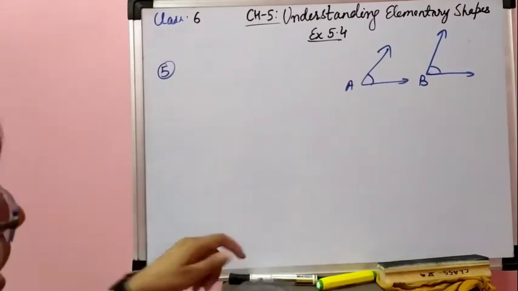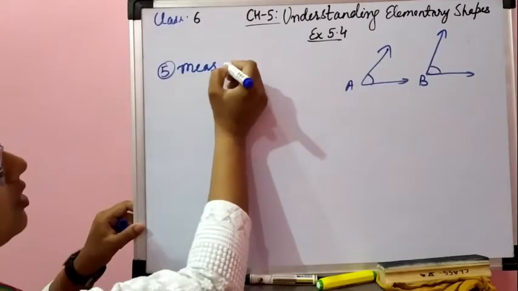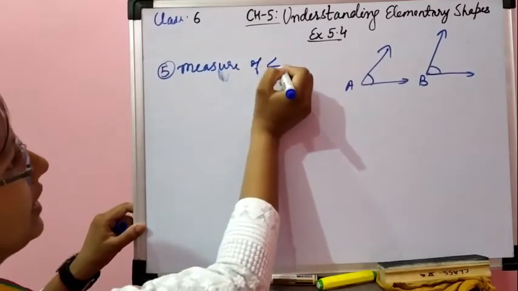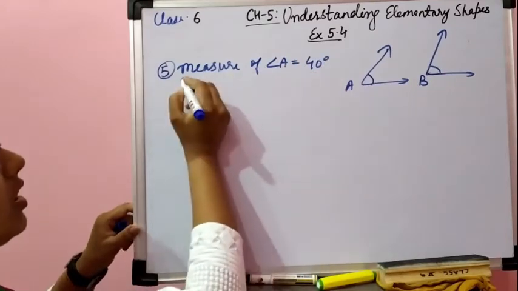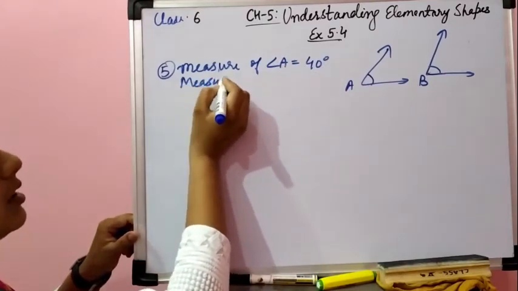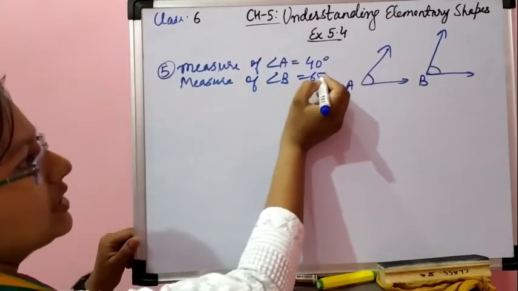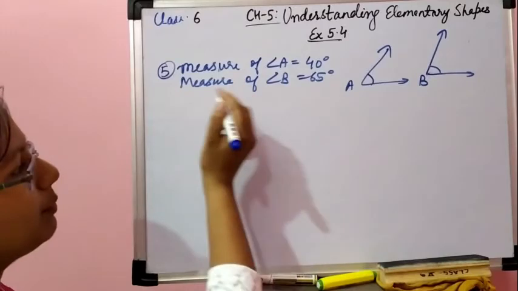So when I measure angle A, the measure of angle A will be equal to 40 degrees, and the measure of angle B will be equal to 65 degrees. So which one is bigger? Definitely angle B is bigger.